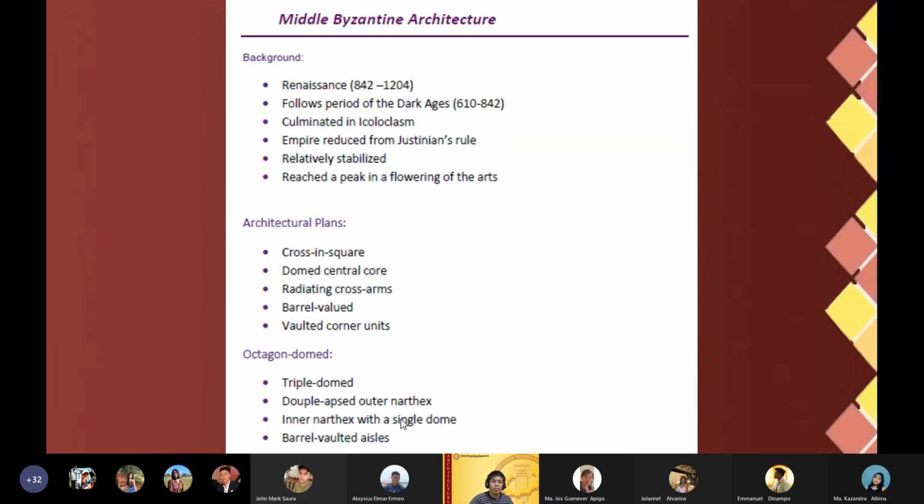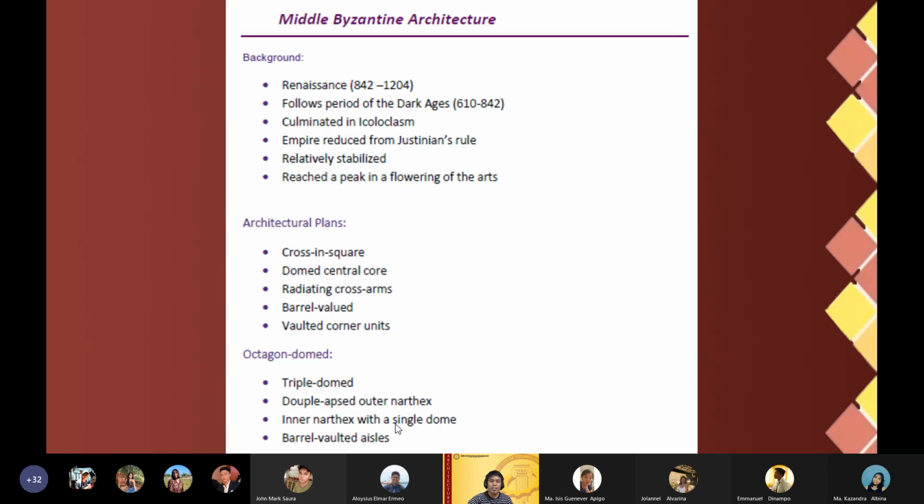So same gyapon ang ilahang plano, cross in square, plans is in cross, dome at the central part, radiating cross arms, barrel vaulted, the term is vaulted, and vaulted corner units.